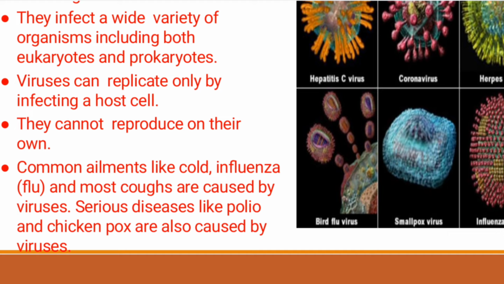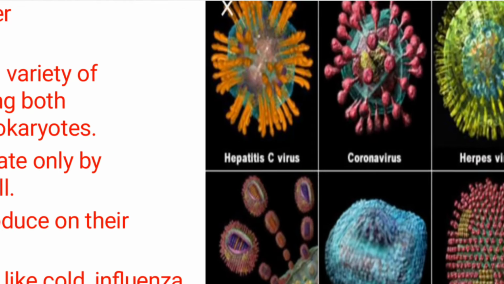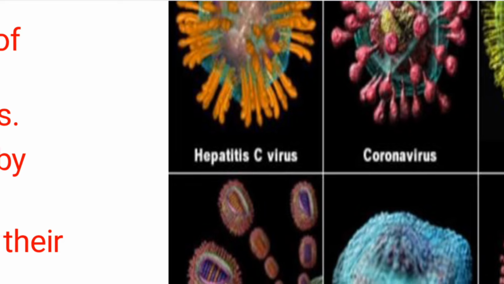So viruses are generally harmful to human beings and animals, and they cause many diseases like cold, influenza, coughs, and also serious diseases like polio, chickenpox, smallpox, rabies, corona, etc. are caused by viruses. So here in the picture you can see different kinds of viruses.